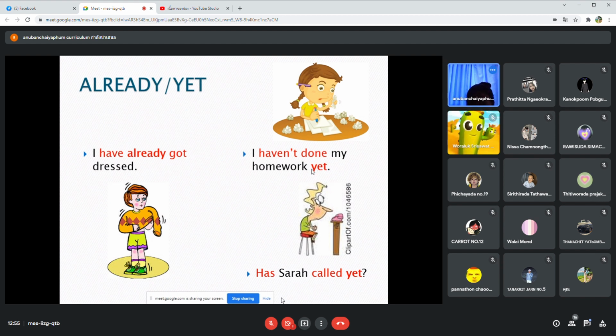Okay, yet is at the end. And then here, has plus your subject plus your past participle, and then plus your time expression yet.